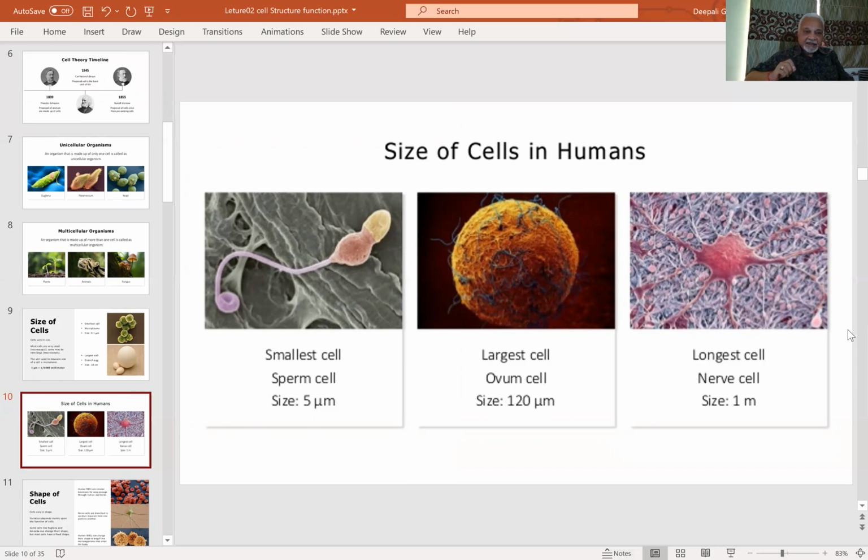And the largest cell in humans is the nerve cell, which is 1 meter. So from very small to big, the size varies, as I mentioned, within the organism and within different organisms.